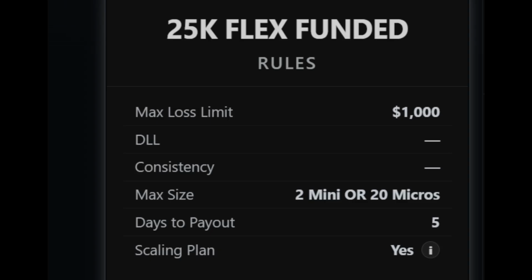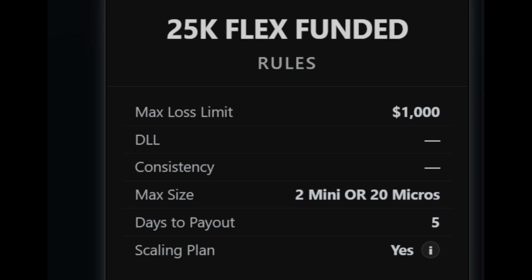Now let's move over to the rules once funded. So once we get funded, there are different rules. Again, we still have the same max loss of 1,000. We still have the max amount of contracts, 2 minis or 20 micros. And you need at least 5 days of positive trading, green trading of at least $100 to get your payout.